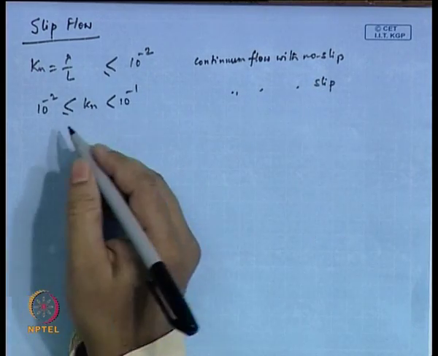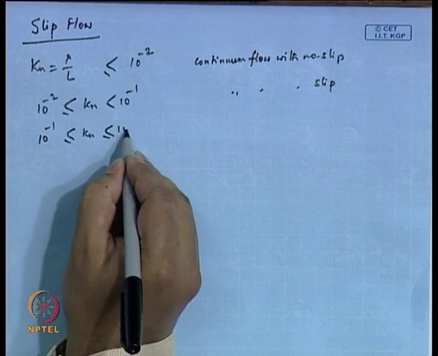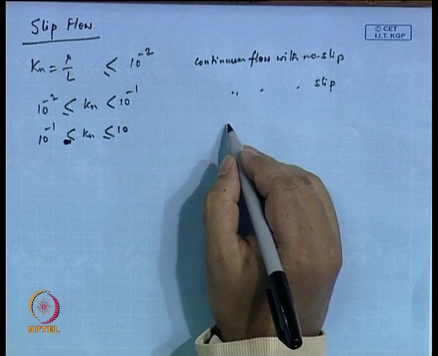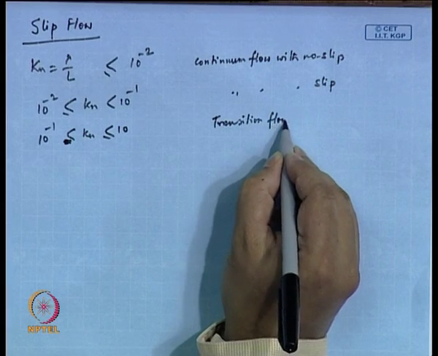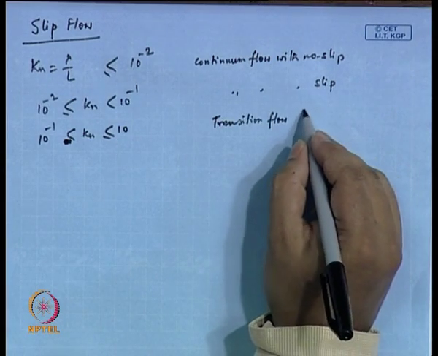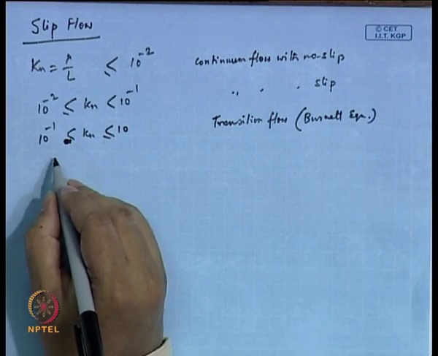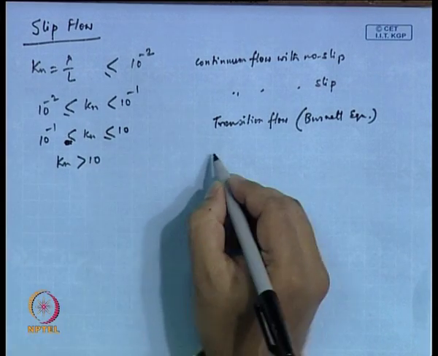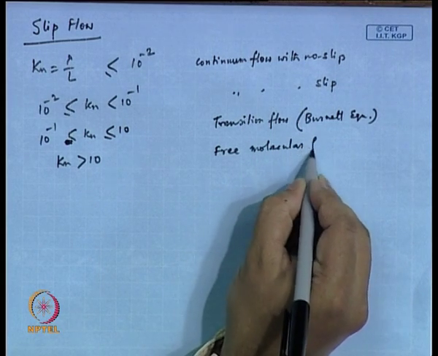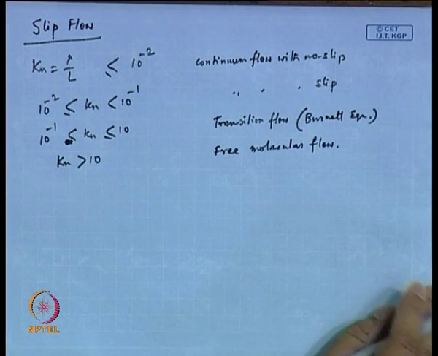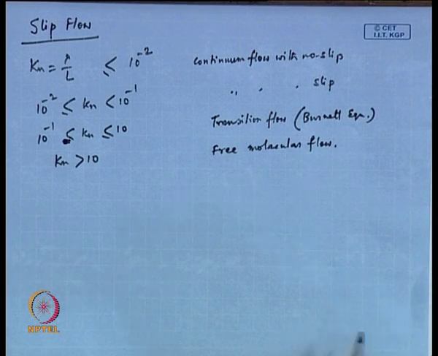If it is between 10 to the power minus 1 and 10, then it is considered as transition flow between continuum and free molecular flow, and the equation that is used is the Burnett equation. Knudsen number greater than 10 is referred to as free molecular flow, where molecular dynamics, collisions between molecules, will govern the properties. Continuum assumption cannot be taken.